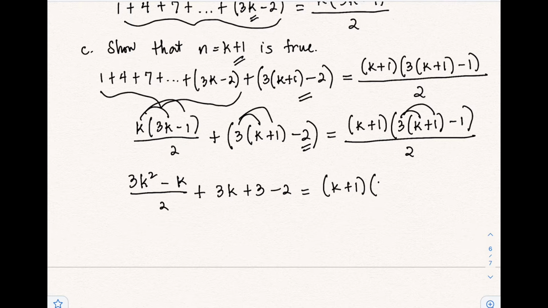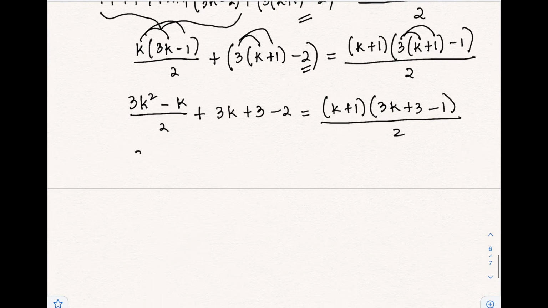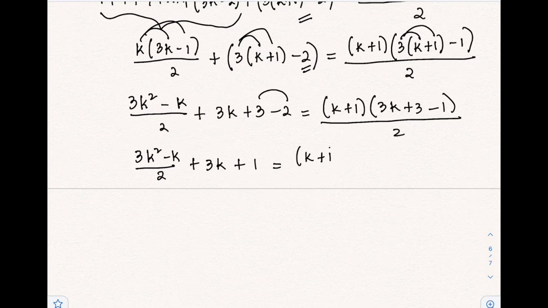So, that is 3k plus 3 then minus 1 all over 2. Okay, then combine like terms. So, that is 3k square minus k all over 2 plus 3k, then 3 minus 2, so this is 1, equals, we have k plus 1 times 3k, then 3 minus 1, so this equals to 2 all over 2.